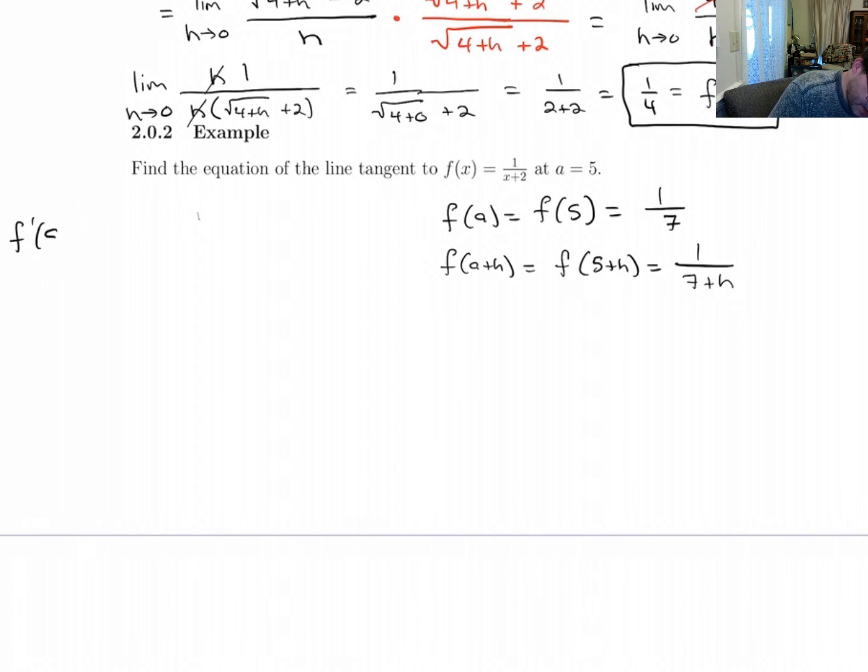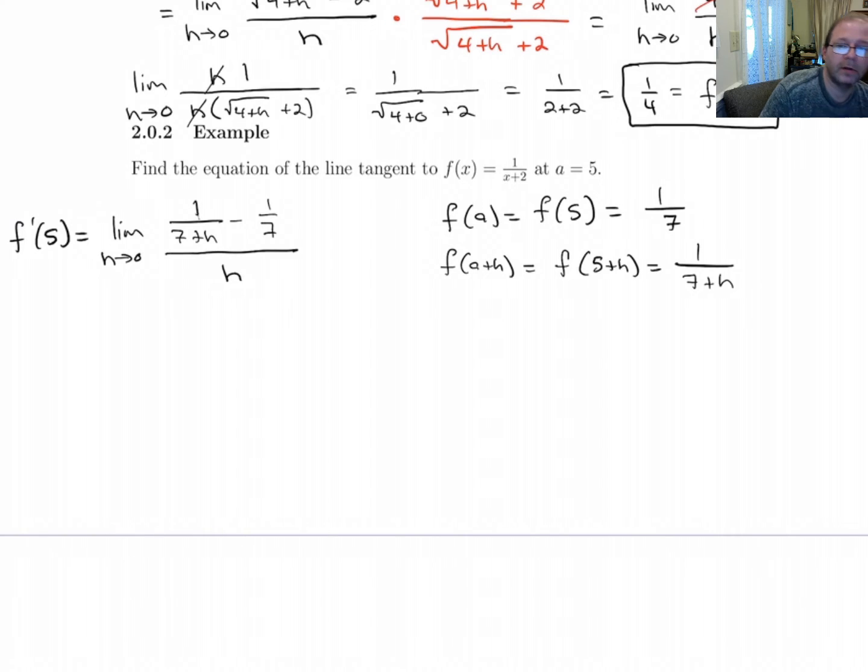F prime of 5 is the limit as h goes to 0 of f of a plus h minus f of a over h. So that's our derivative, and sure enough, you plug in 0 there, up top you're going to get 0, and on the bottom, you've got h is 0.